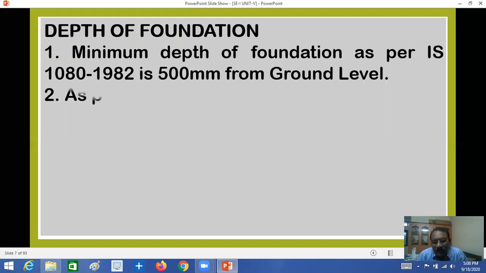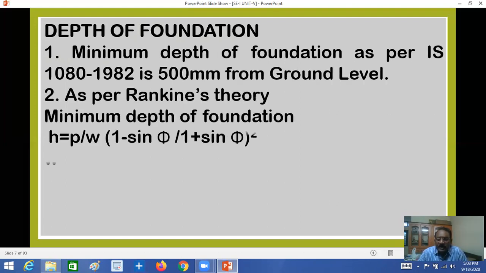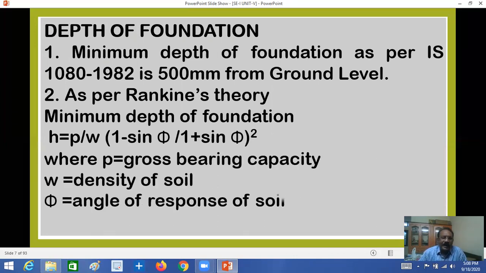And depth of foundation. How to calculate the minimum depth of foundation? As per Rankine's theory, which you studied in soil mechanics, the minimum depth of foundation is equal to P by W into (1 minus sine theta by 1 plus sine theta) whole squared, where P is the gross bearing capacity, that is the bearing capacity of soil, W is the density of soil, and theta is the angle of repose of soil. You know what the angle of repose of soil is; it is generally given as 30 degrees, 45 degrees, like that.